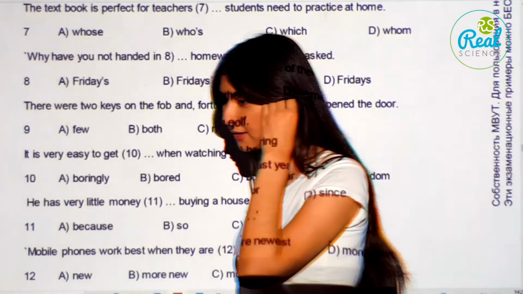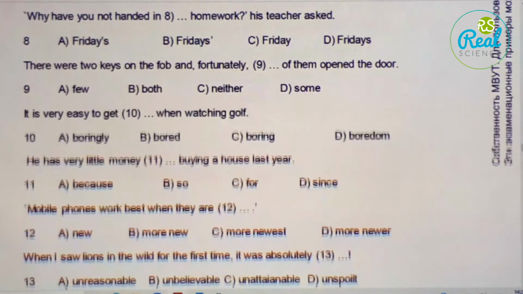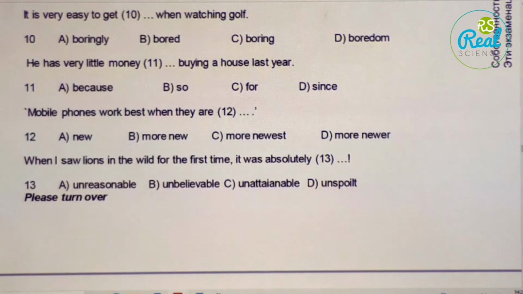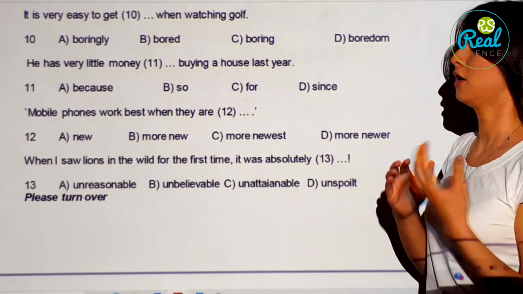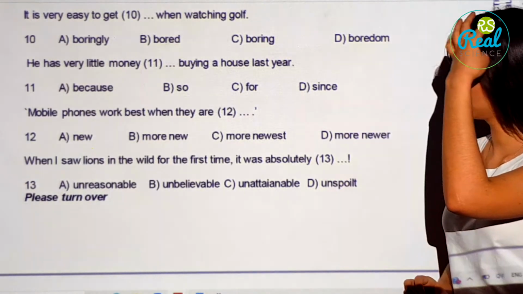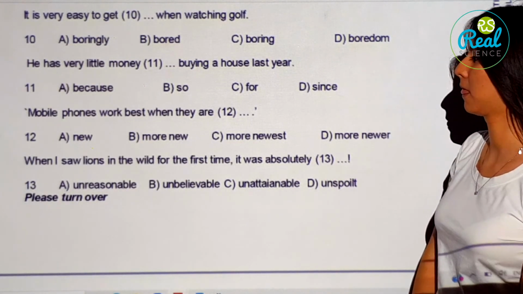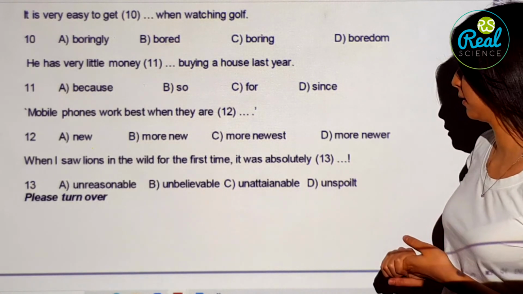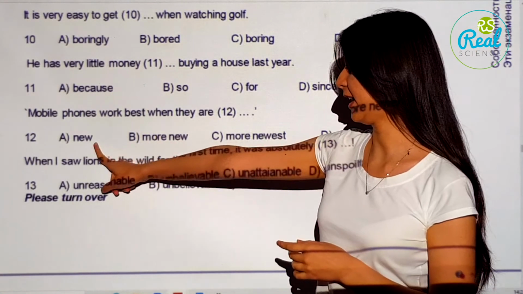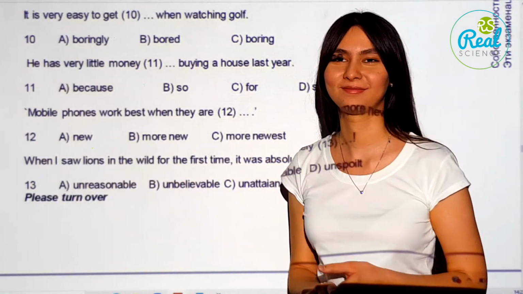Got it. Okay, good. So let's move on. So 12 and 13. Who wants to do this? Can I read the 12? Yeah, okay. Read. Mobile phones work best when they're new. When they are new. Okay, nice. Next one.